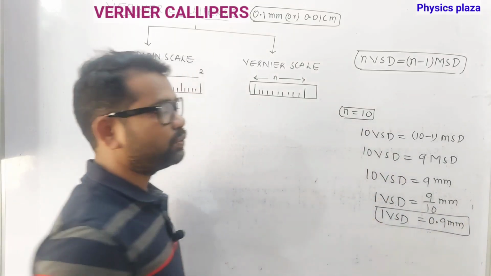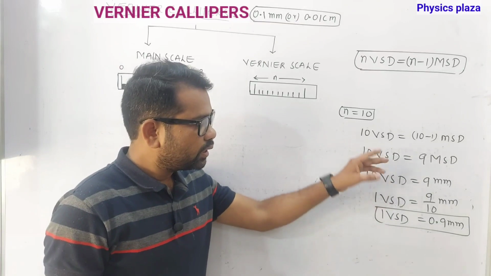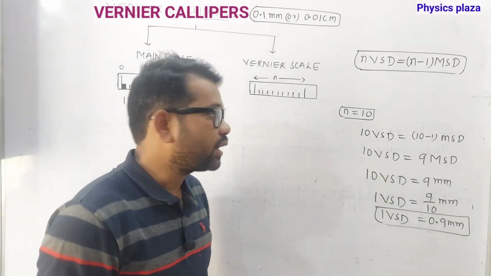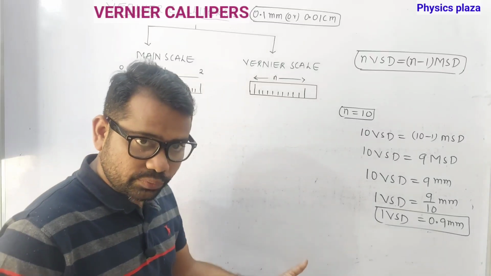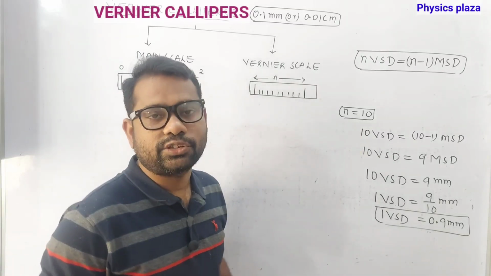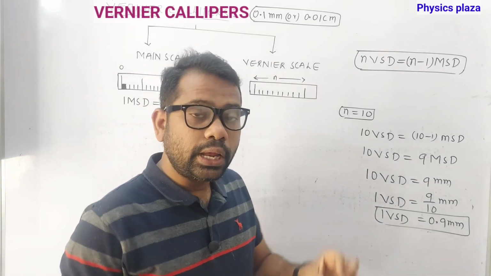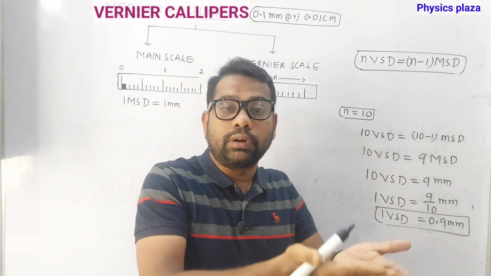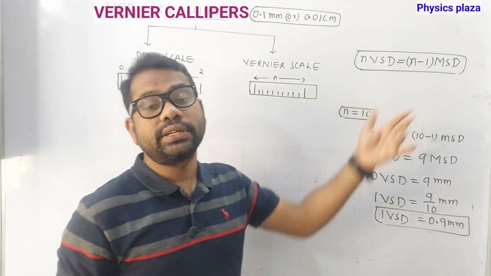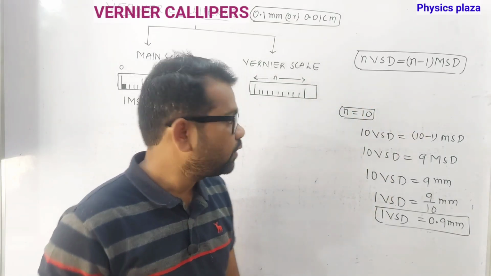Children, this is how in a simple manner we can understand. Here again I am telling you, we have chosen only a 10-division scale, which means 9 millimeters of main scale length is equal to 10 divisions of the Vernier scale. Is it clear? Fine.